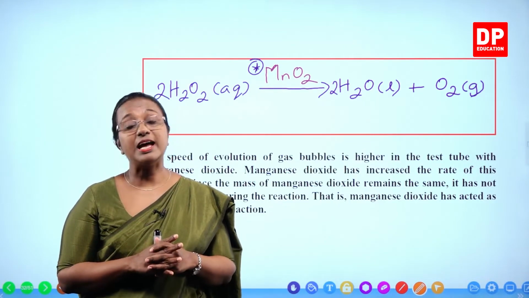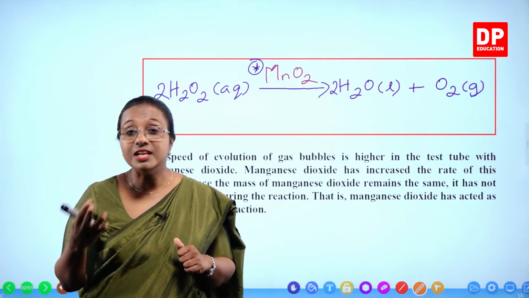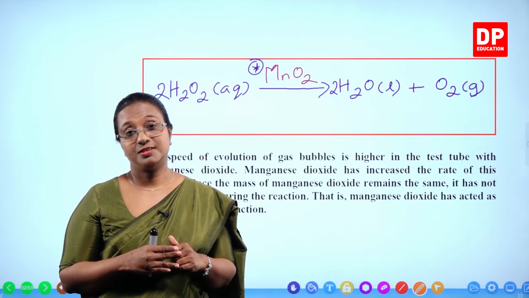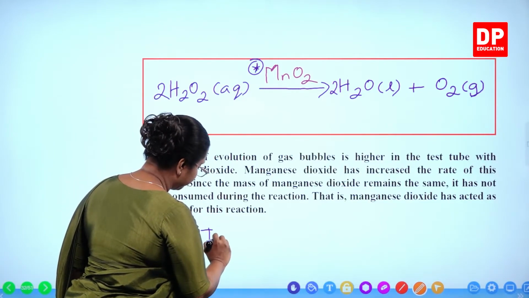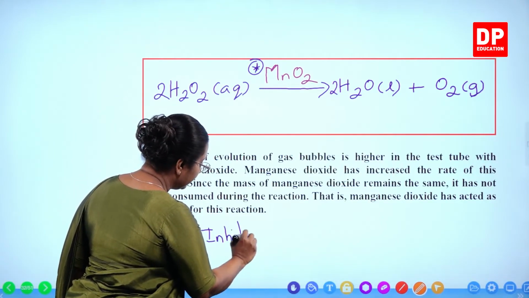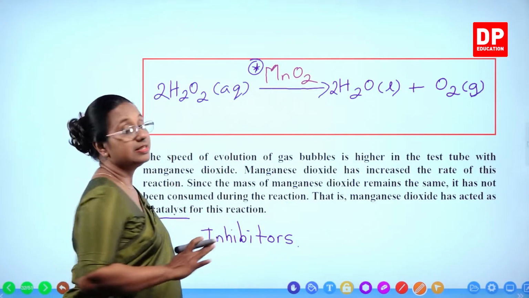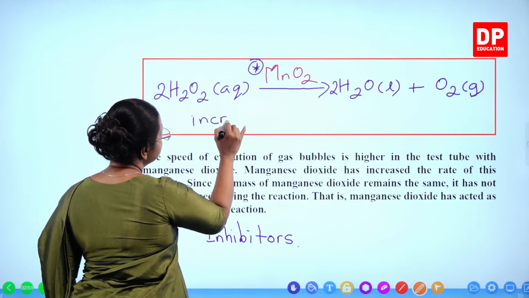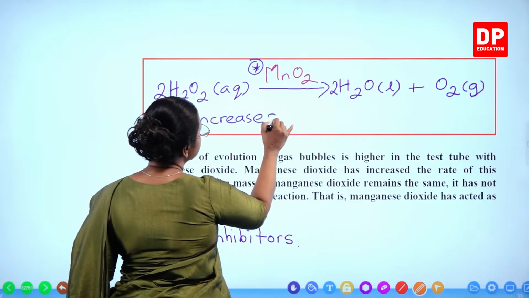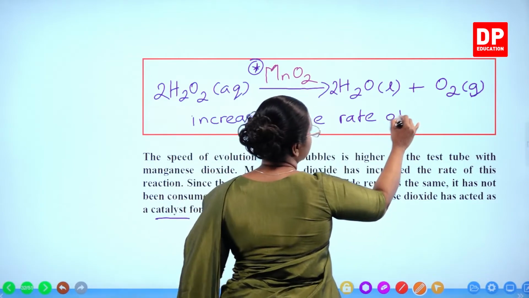Now, similar to a catalyst, there are substances that can reduce the rate of reaction. Then we call them inhibitors. Here, a catalyst is a substance that increases the rate of reaction.